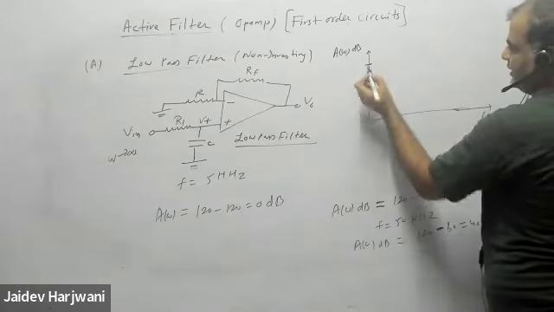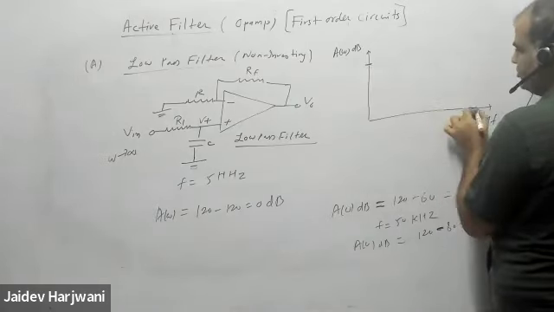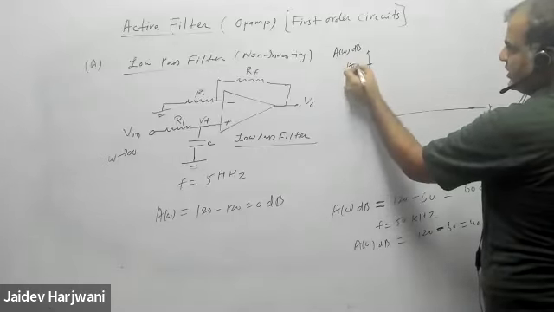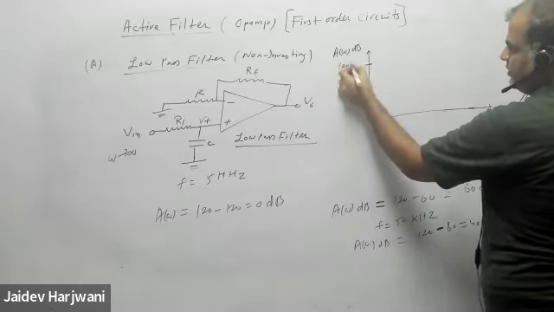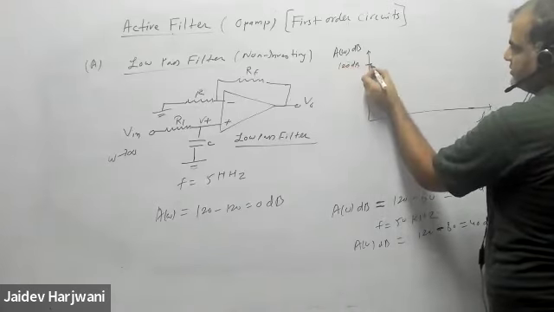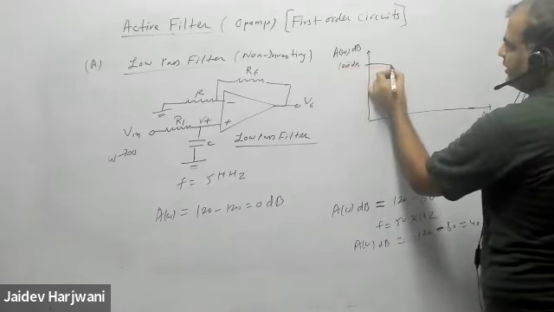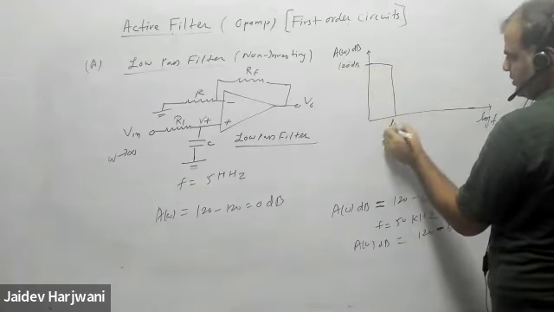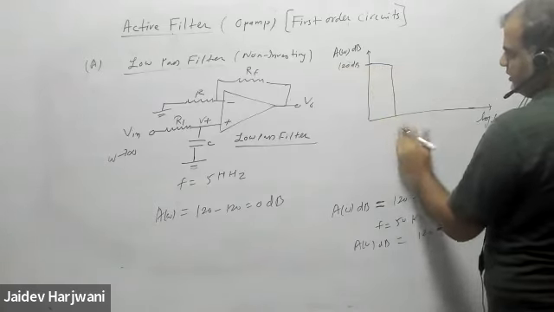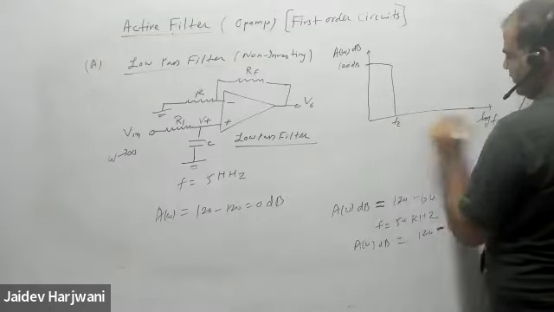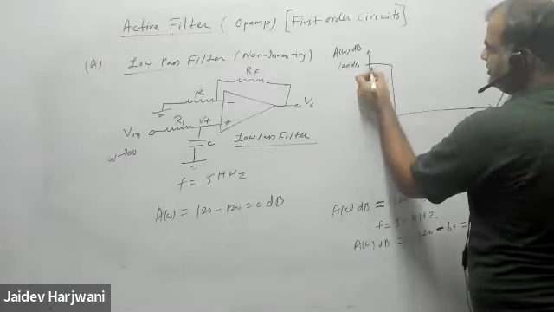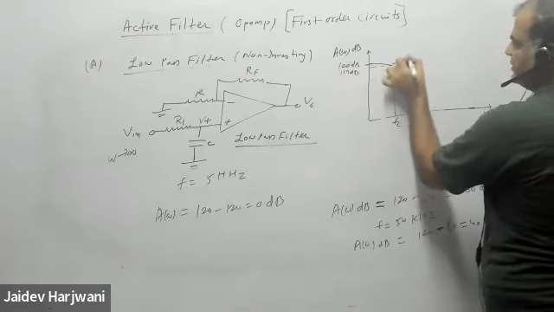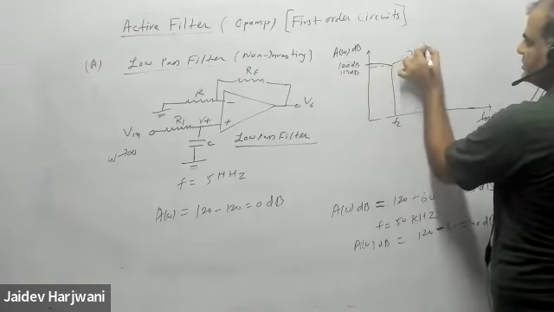Initially, this is my gain at 0 frequency, 10 to the power 6, it is 120 dB, around 120 dB. And then it reduces slightly at frequency equal to cutoff frequency. Cutoff frequency is log scale, okay? Understand log scale. This reduces by 117 dB, that is minus 3 dB loss.